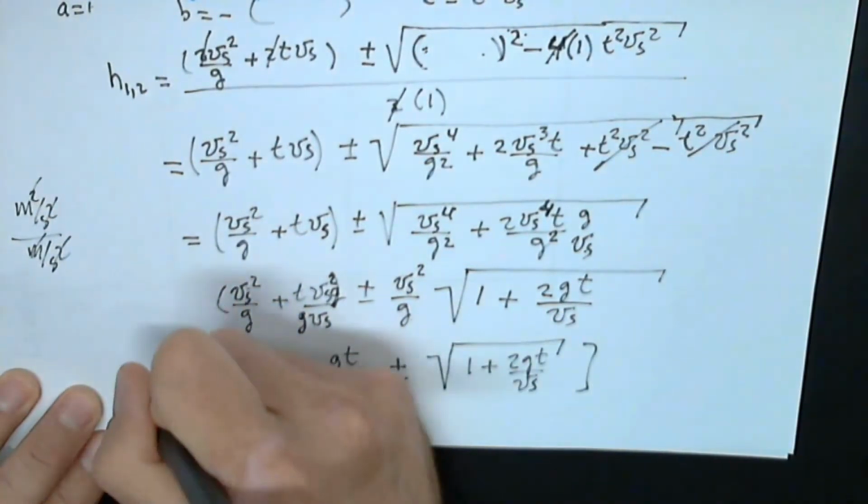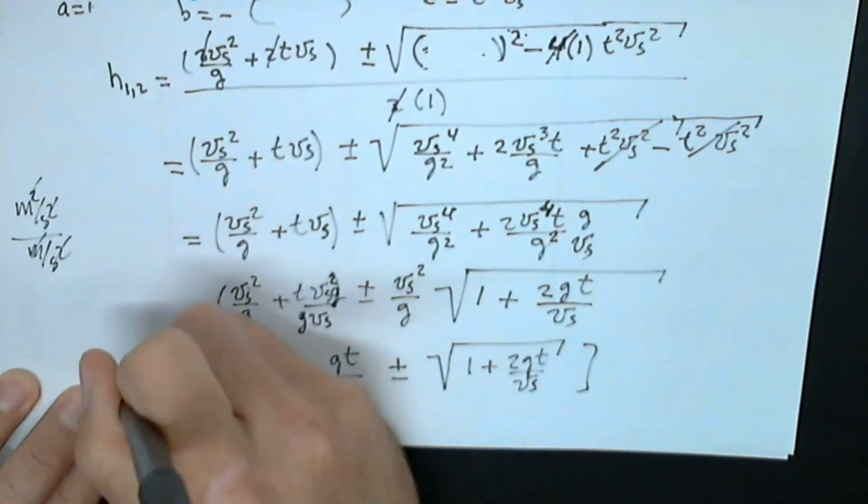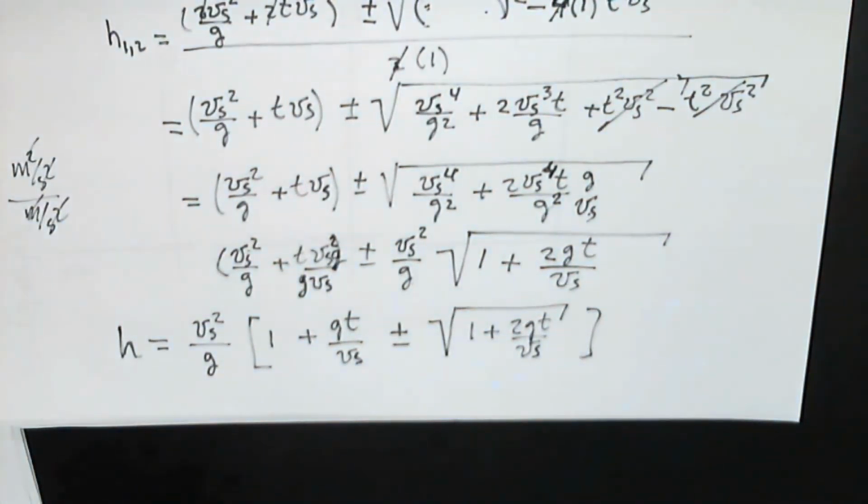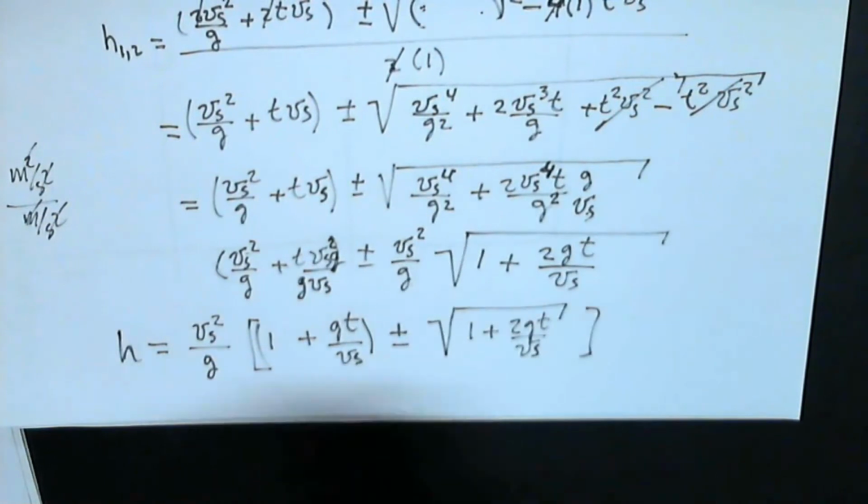And this is my equation for the height. I have two solutions. I need to see now if it's the plus or if it is the minus.